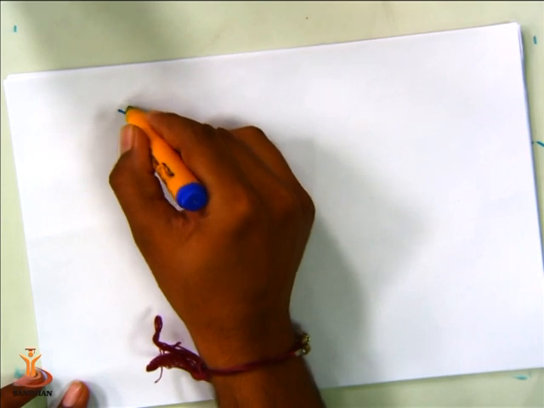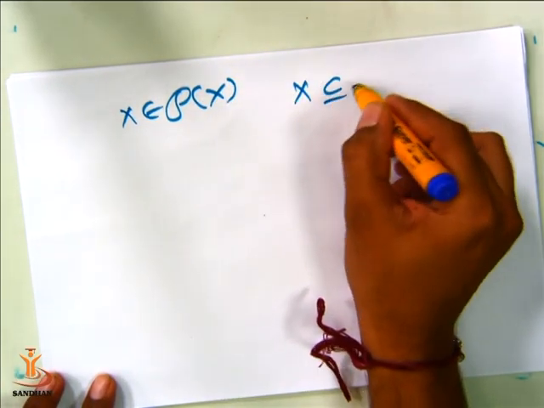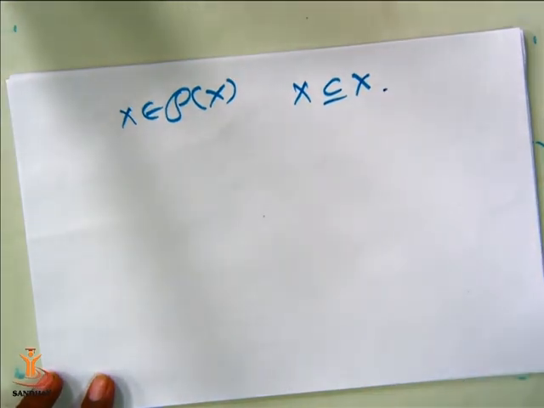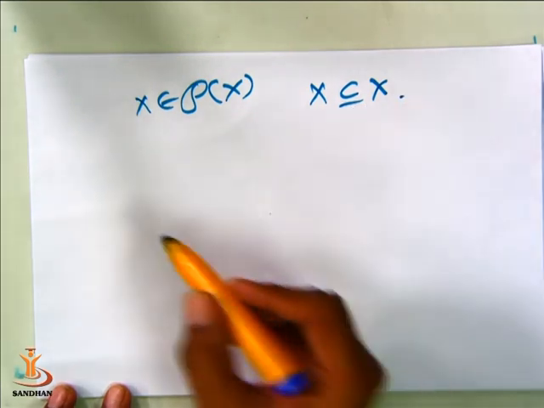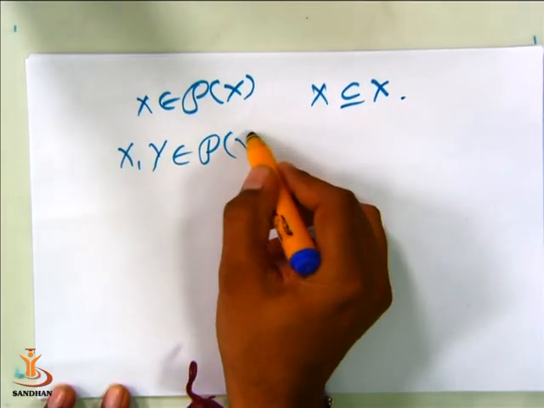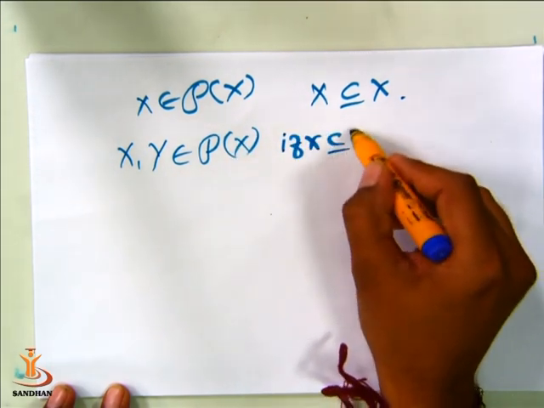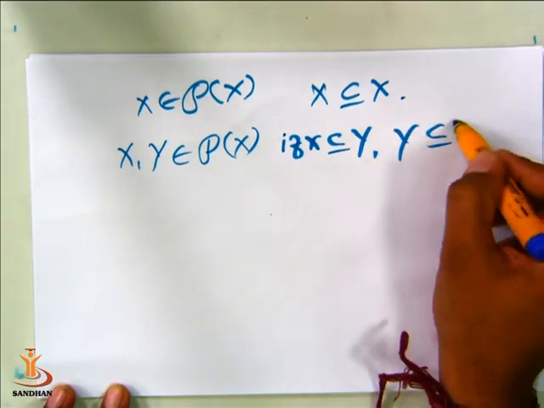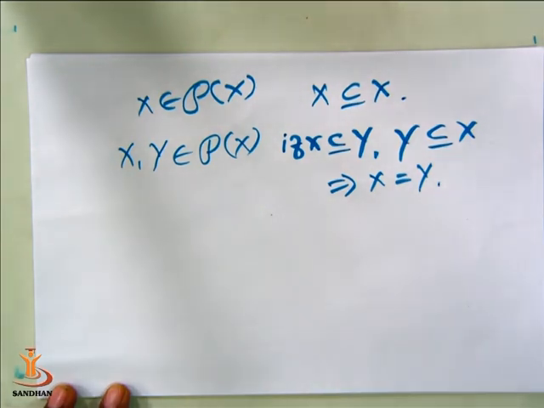Now with this relation, the power set of X is a poset. Let us see how. If we take any X from the power set of X, then X is a subset or equals to X, so subset or equals to is reflexive. Now for two elements X and Y from the power set of X, if we have X is a subset or equals to Y and Y is a subset or equals to X, then we know that X should be Y, and this is an easy exercise of set theory.